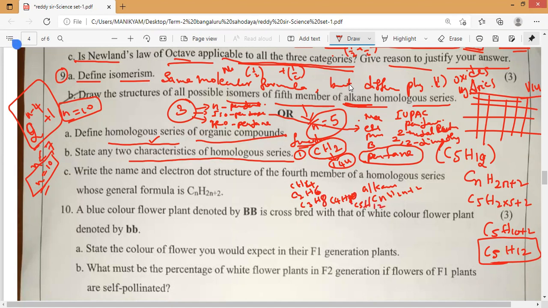So each compound differs from the next carbon compound by CH2. That is the first property.